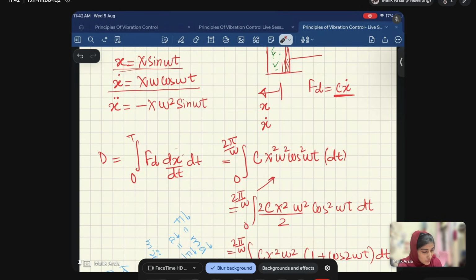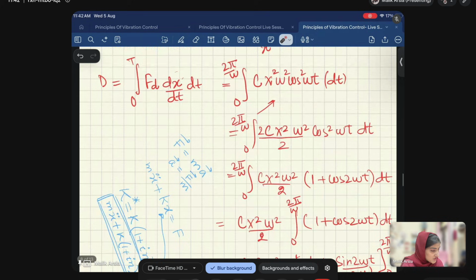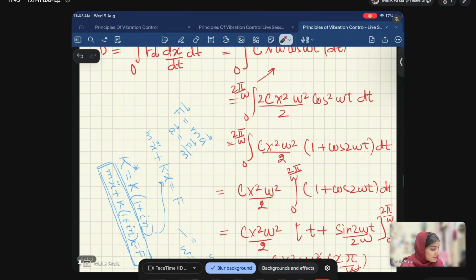It's from 0 to time period T, which here is 2 pi upon omega. If you see, we try to simplify this. Here I have multiplied and divided by 2; you'll come to know why. Now this C X square omega square upon 2, you can directly take outside because it's constant.